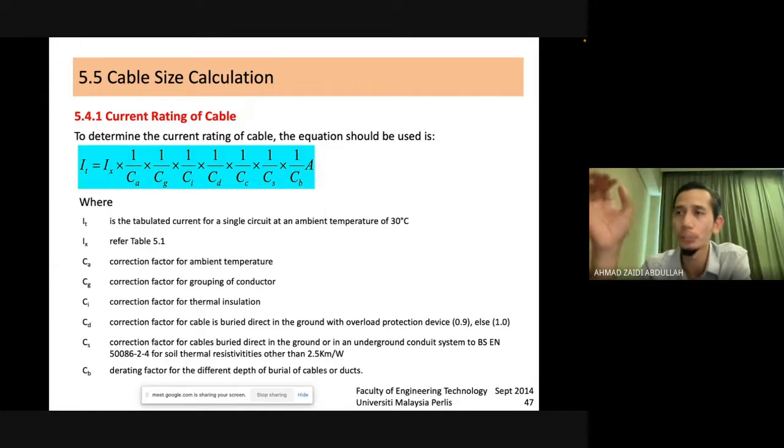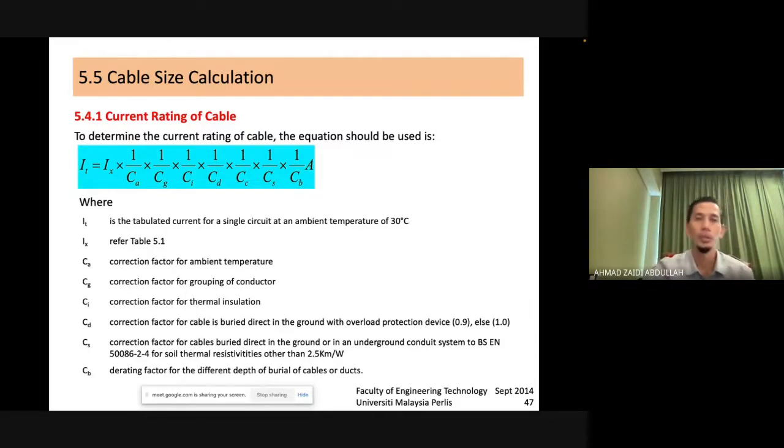Manufacturer dah buat elok lah, tapi based on the engineer's design of installation, dia tak provide a good calculation and they just directly install, so without considering all of the correction factors. So that's why the cable does not withstand a long time. So you as a good engineer, so try to design with complete works lah.